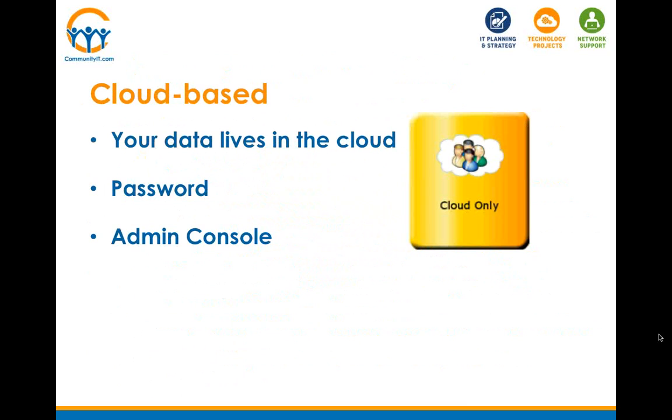The difference here is that you will have two different passwords. Your cloud-based Office 365 password is not tied to your network password. So that is important to know. And everything you do around managing your cloud offering is through your Office 365 admin console. So if I am the IT administrator or the network administrator and I have to create some accounts or email, I'm using Office 365. I'm not using anything in-house.